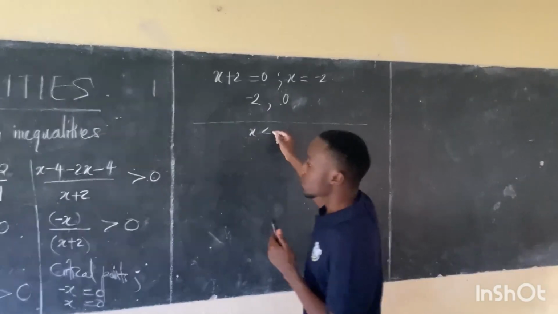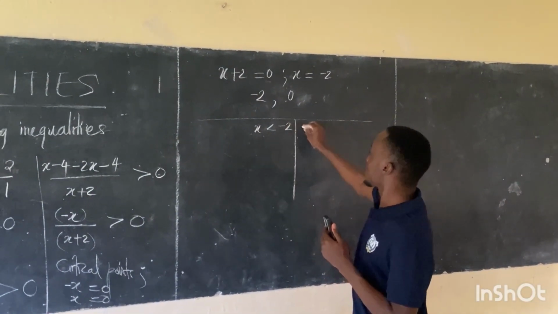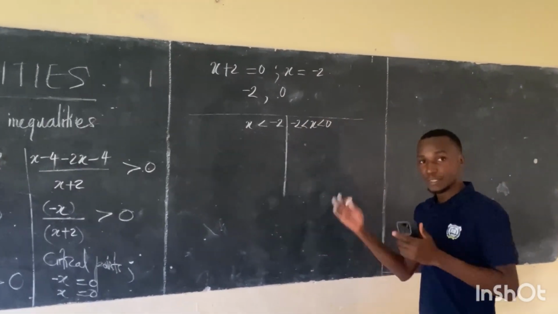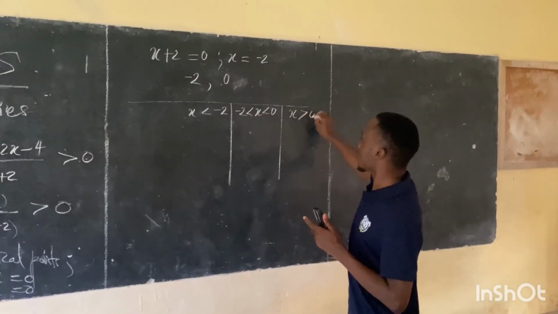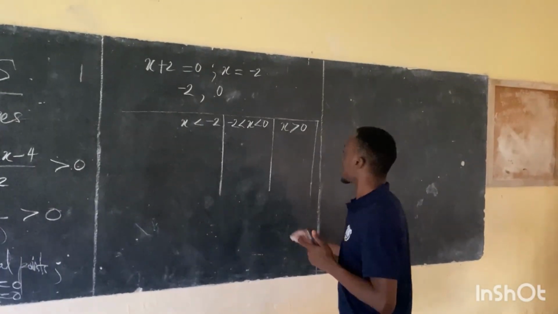with ranges in which x is less than -2. There is a range in which -2 is less than x, less than 0, that range between those two values, and the range in which x is greater than 0.